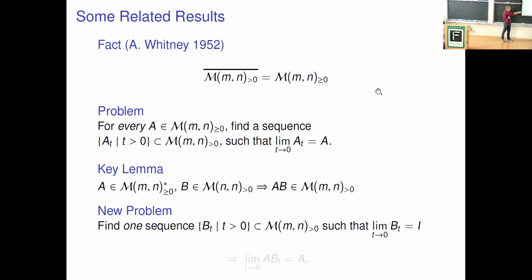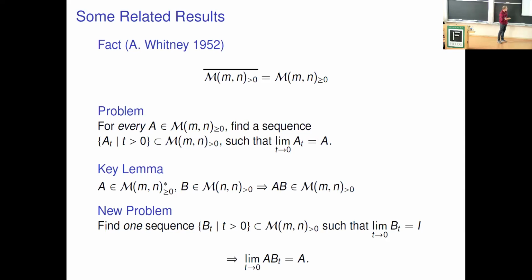You just need to find one sequence of positive matrices that converges to the identity. Then you can use that over and over to get a sequence of totally positive matrices converging to A. So it's a very cute trick. Unfortunately, it doesn't quite apply to the class of Toeplitz matrices because Toeplitz matrices are not closed under multiplication in this way. So we need to find our own little cute trick.